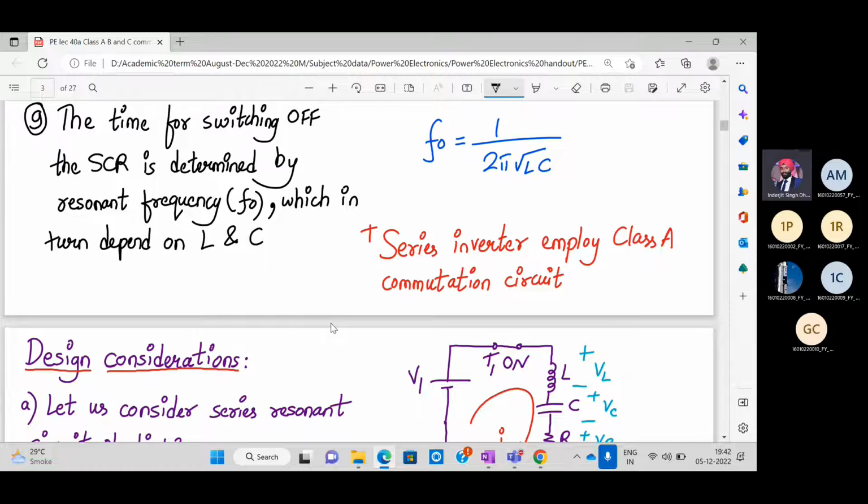You remember? In the series inverter we discussed L and C components helping to turn off the SCR. In an inverter also the input is DC, so we have definitely used commutation circuits to forcefully turn off the SCR. Okay. So series inverter employs class A commutation circuit.